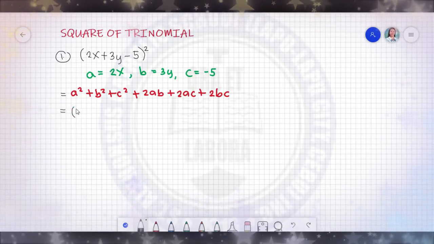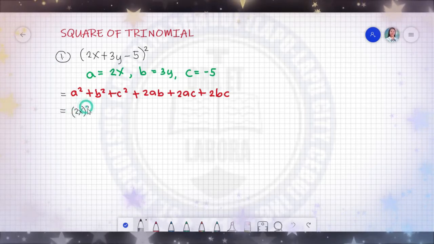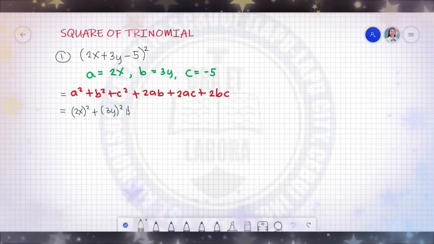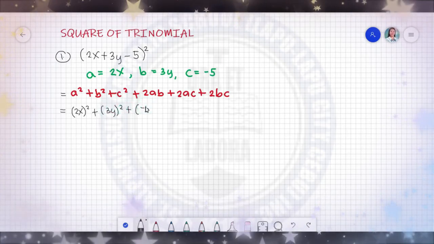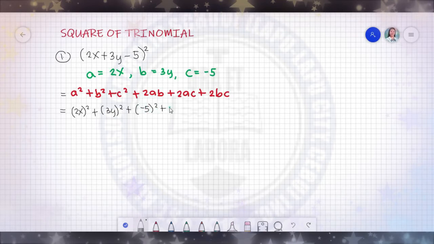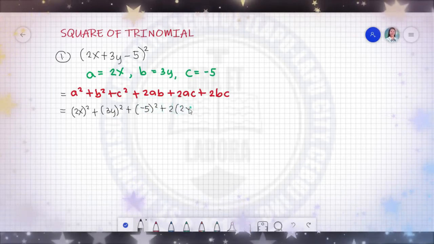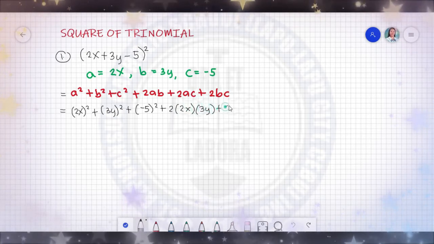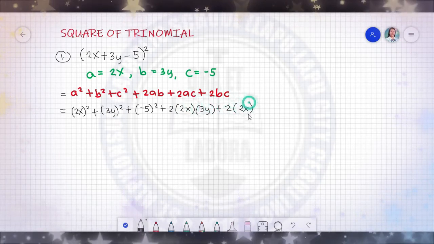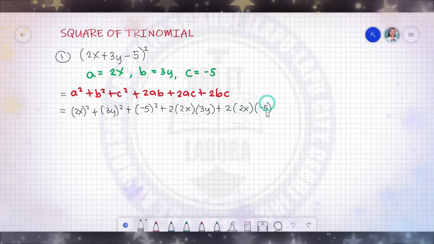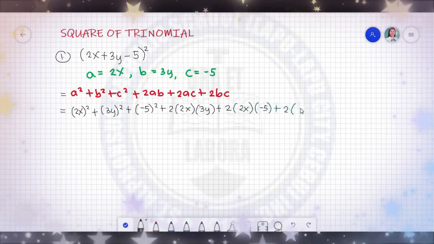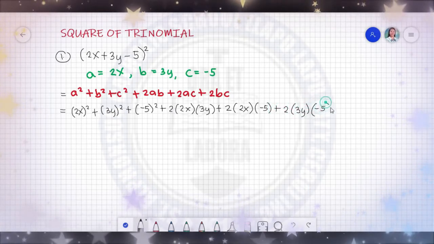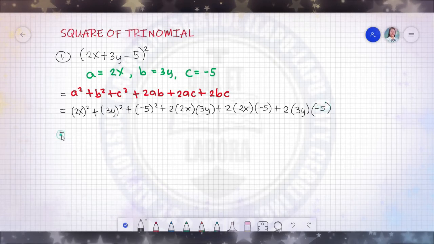So that would be 2x squared plus 3y squared plus negative 5 squared plus 2 times 2x times 3y plus 2 times 2x times negative 5 plus 2 times 3y and negative 5.